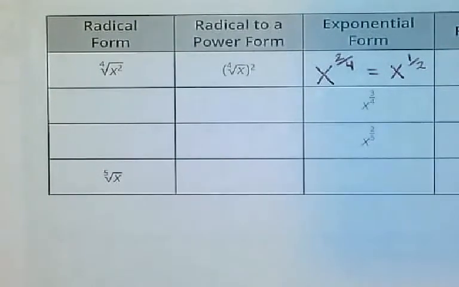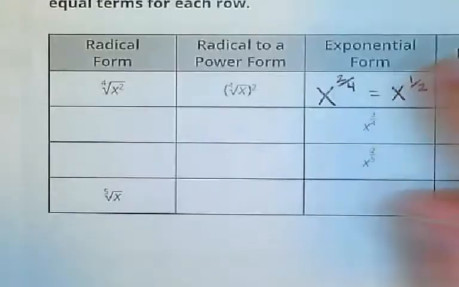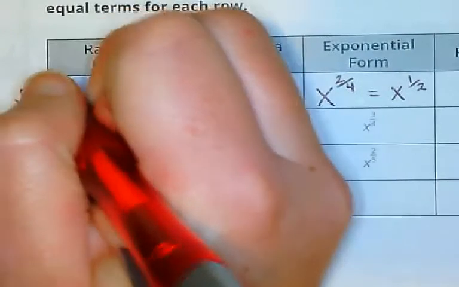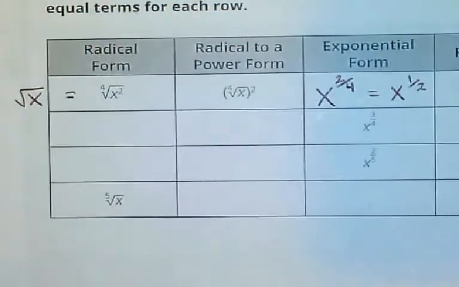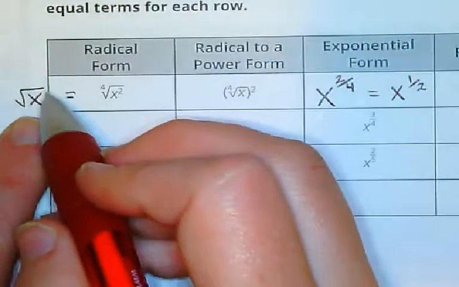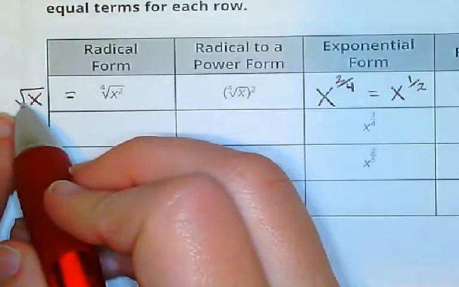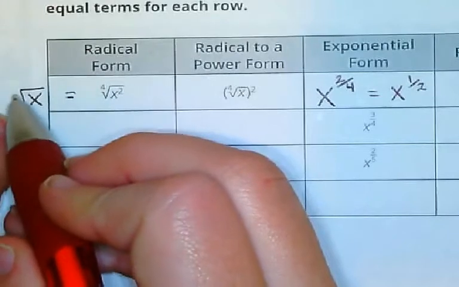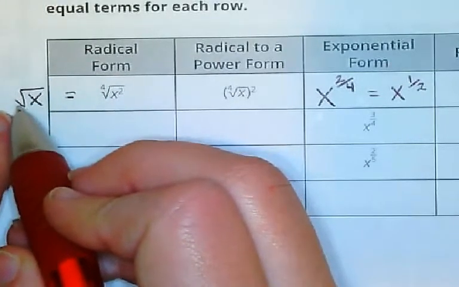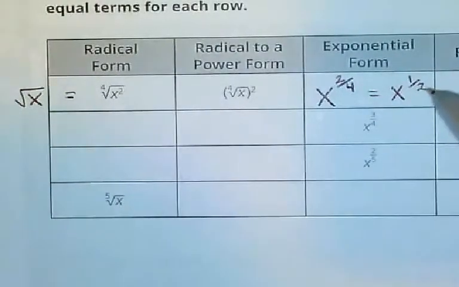And you guys may know that x to the 1/2 is really just written as the square root of x, because your x has an invisible power of 1. There's an invisible 1 there in the exponent. And a square root, if you don't see any index in front of your radical, then that means your root is 2, your denominator is 2.